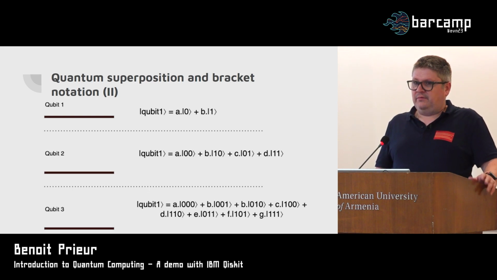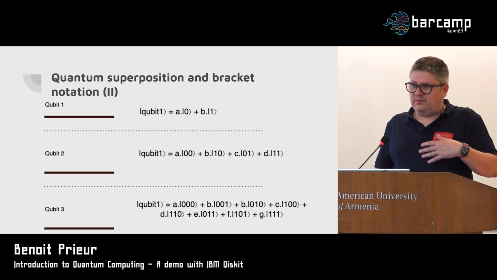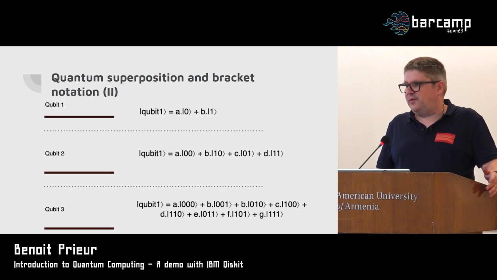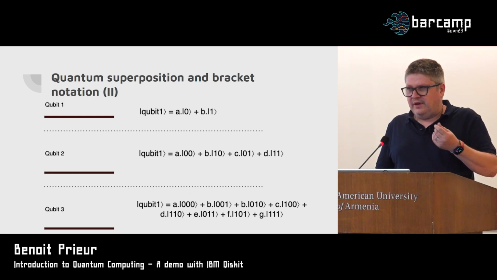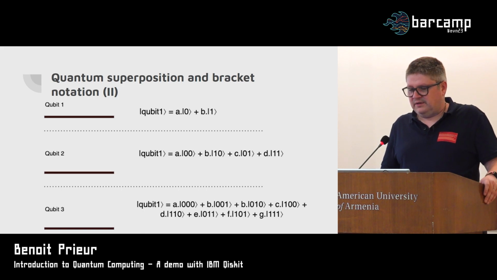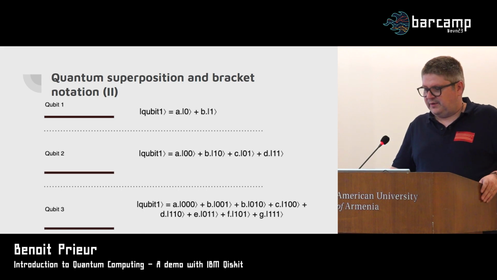So at this time, we can see that in our world, the state of a bit is 0 or 1. Only with one qubit, we have two values. We have something like a combination, something related to combinatory stuff, actually.